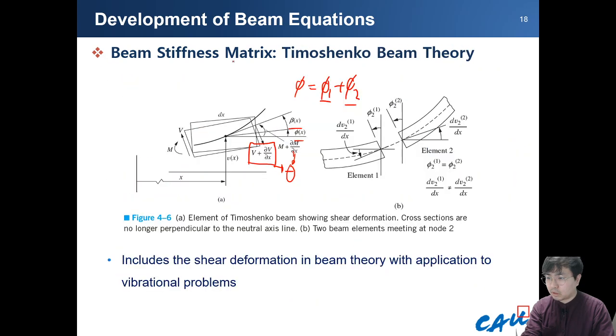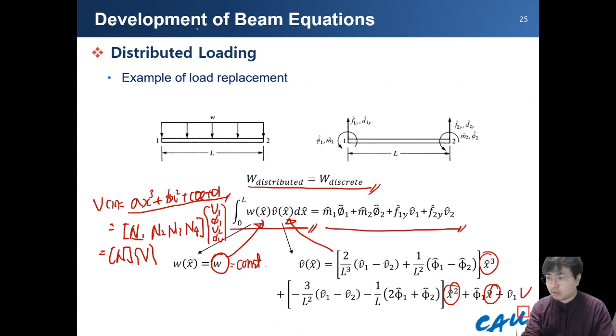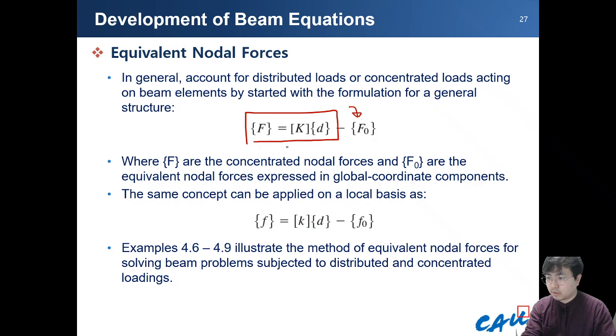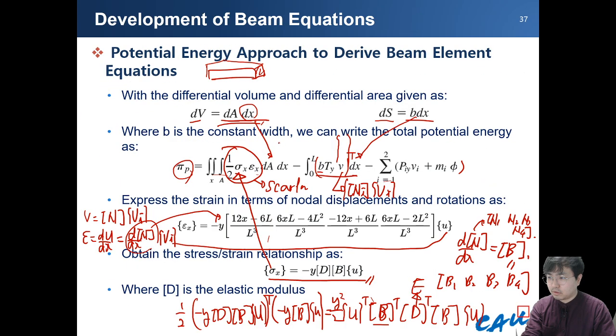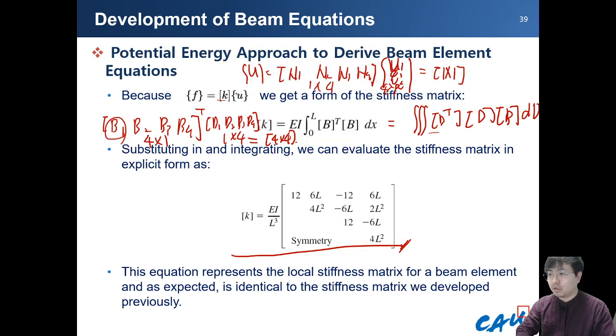Oh, sorry, I have not prepared the shape function yet, so please check the exact shape function of our beam element, so that after the final calculation we can obtain the same result. This is the derivation of the beam element using the potential minimum approach.